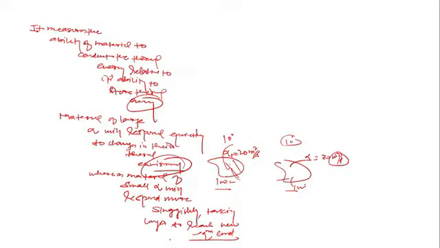Another example: let's say there are two materials of the same surface area, everything is the same. Now the initial temperature is 100, and this is exposed to an environment of 200 degrees Celsius. Which will heat first? Here alpha is 20, there alpha is 30.